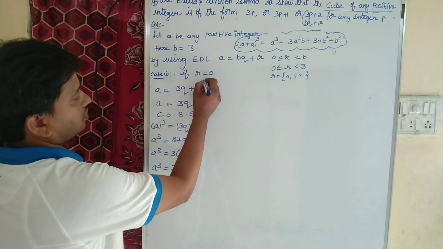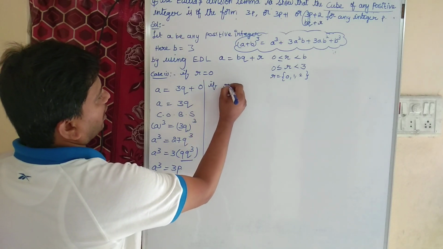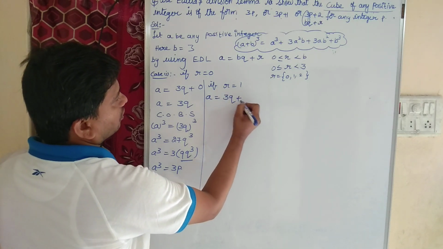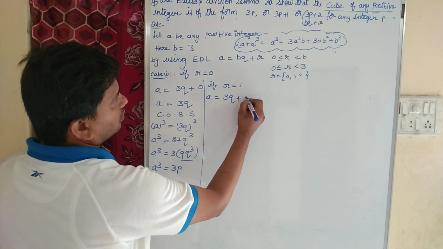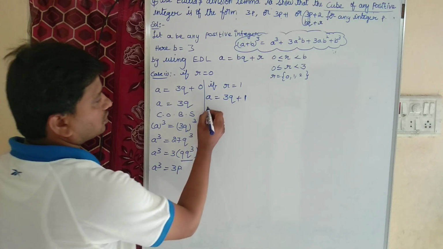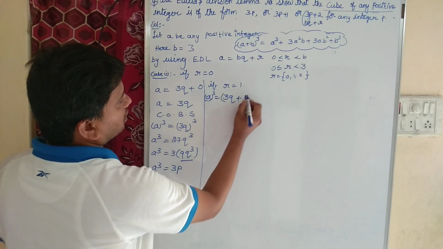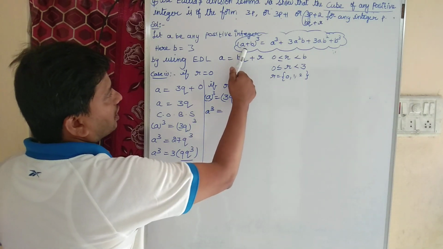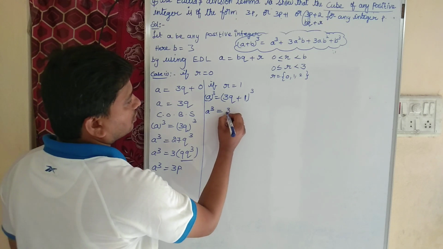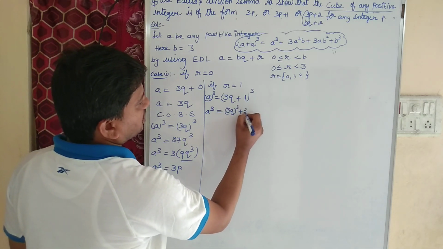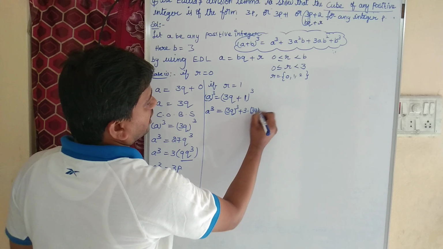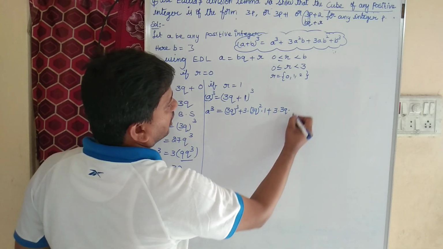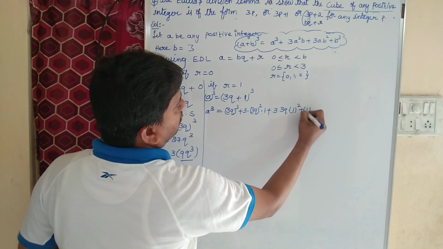Now coming to case 2, if r equal to 1, what is Euclid division lemma? a equal to bq plus r. So cubing on both sides, a cube equal to 3q plus 1 whole cube. Which is in the form of a plus b whole cube, a cube plus 3a square b plus 3a b square plus b cube.